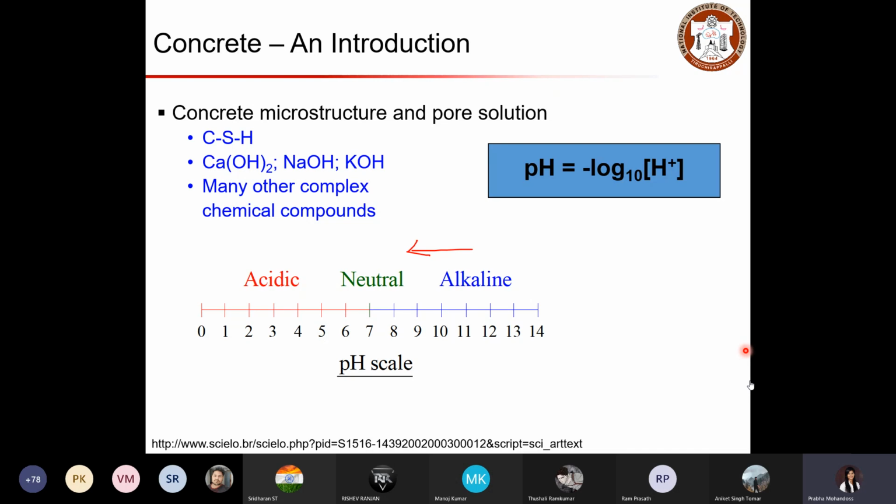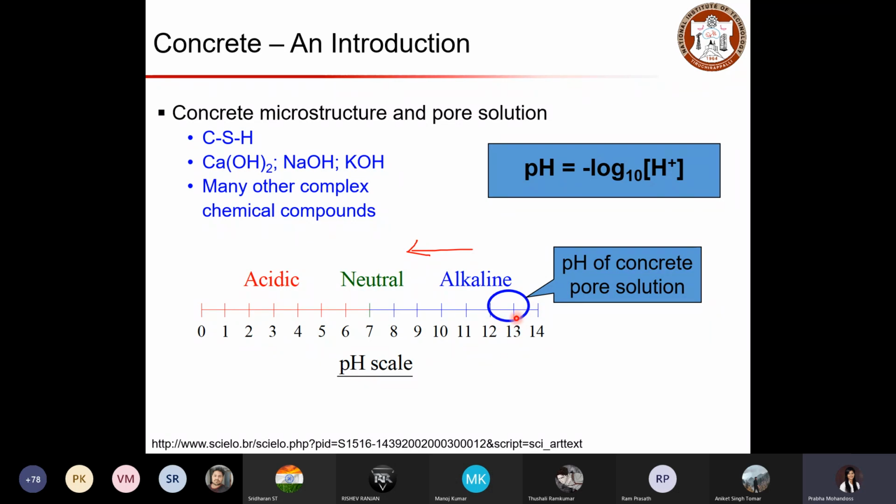So generally, the pH range of concrete would be from, any idea? 11 to 12. Yeah, so it is around 12 to 13 in concrete, right? So this high pH value helps your concrete to protect the steel when you use steel and concrete together. So the pH value of concrete is in the range of about 12 to 13.